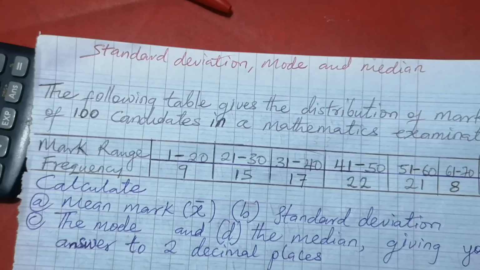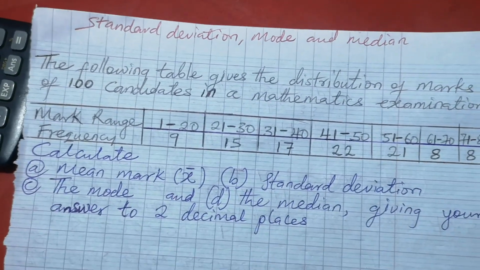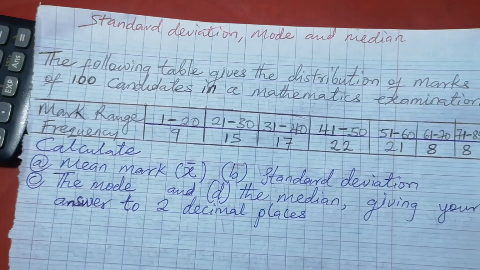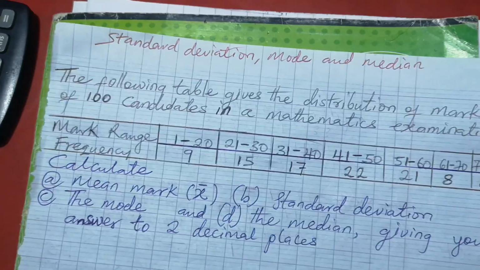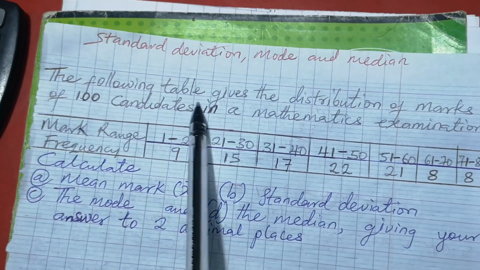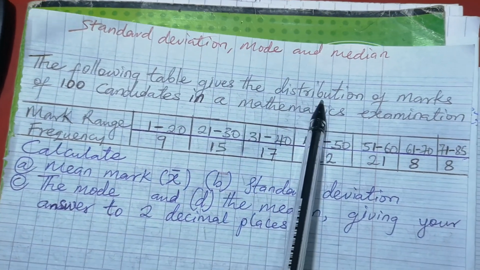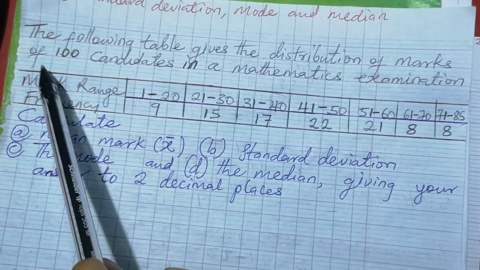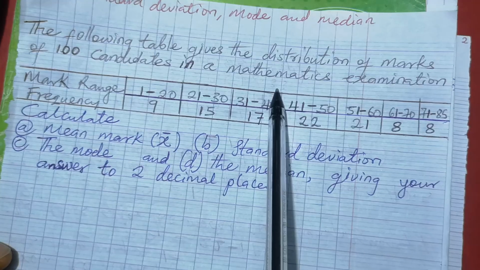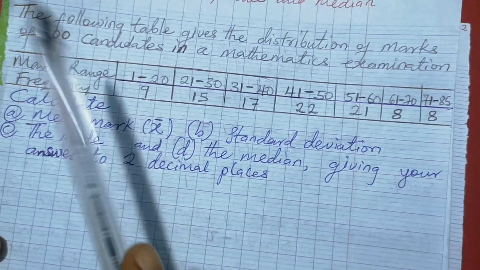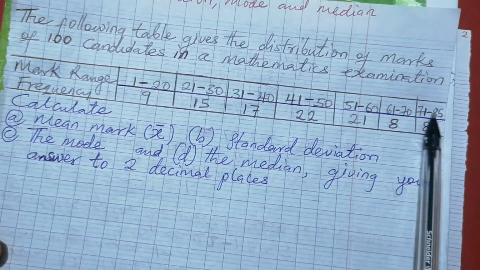Okay, now we are going to look at how to calculate standard deviation, mode, and median. And we have an example here. The following table gives the distribution of marks of 100 candidates in a mathematics examination. Look at the table here.